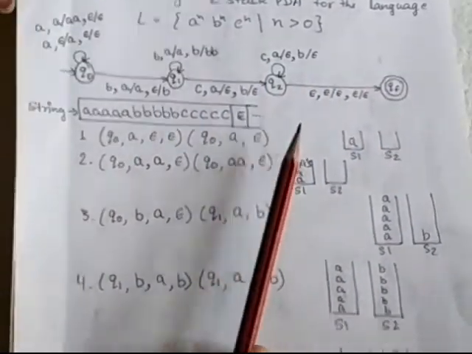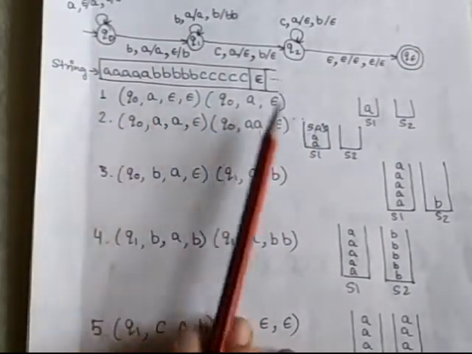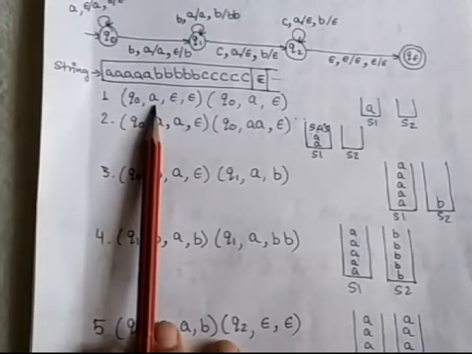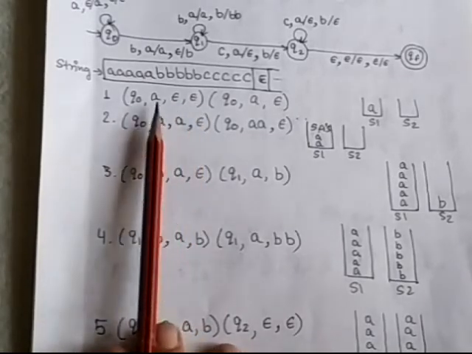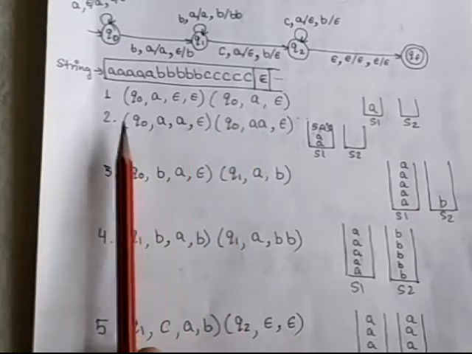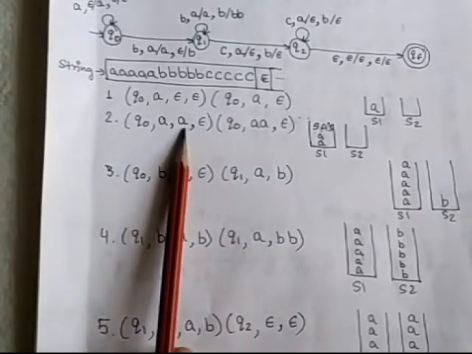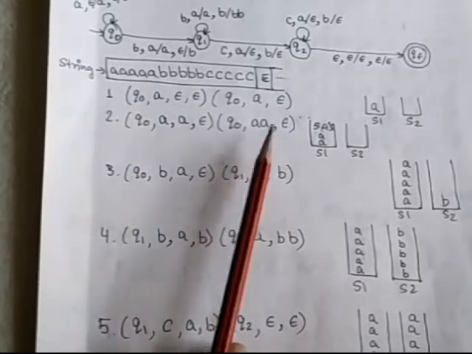Now let's see the transition functions. Starting with Q0, we read A. Initially both these stacks are empty. We read A and push it onto stack 1. Using this, we read A, the top of stack 1 is A, and we push this onto stack 1.